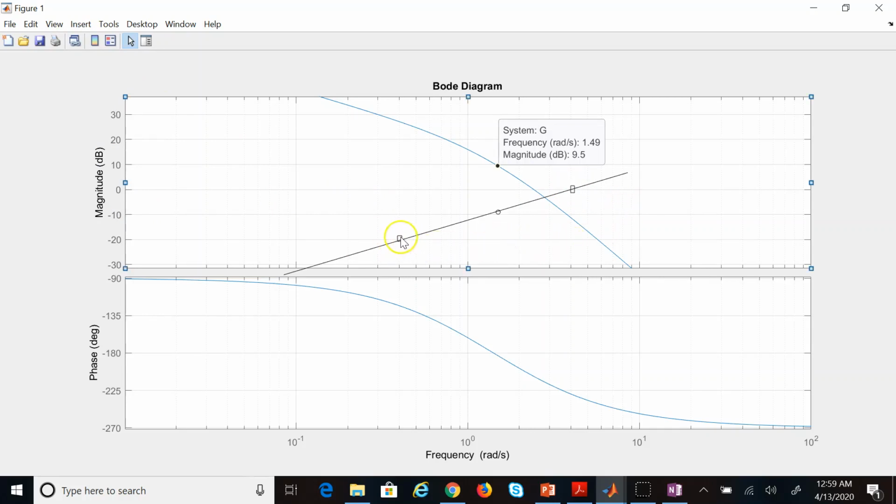Okay, and now these are the locations for zero and pole for the lead portion. The smaller number is the zero, the bigger number is the pole.